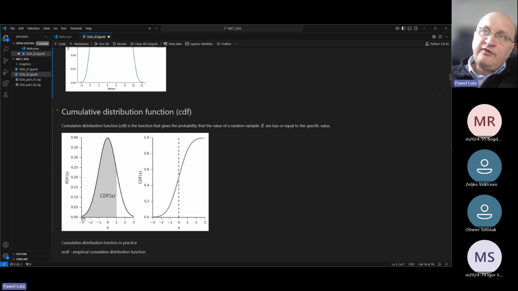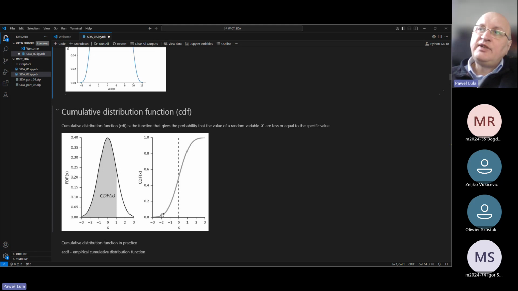And for every value which we have here on the x-axis, we can calculate this probability. What is the probability that a value of our random variable is smaller or equal to this specific value which we have on the x-axis?